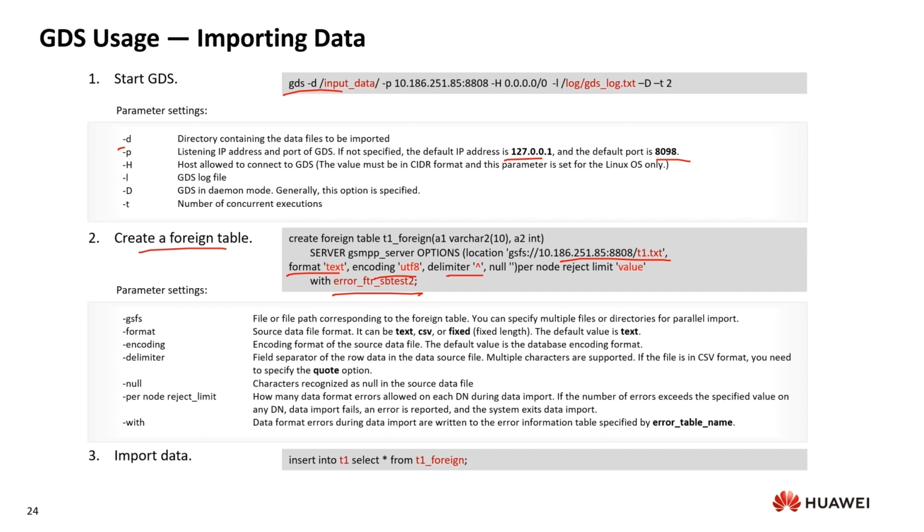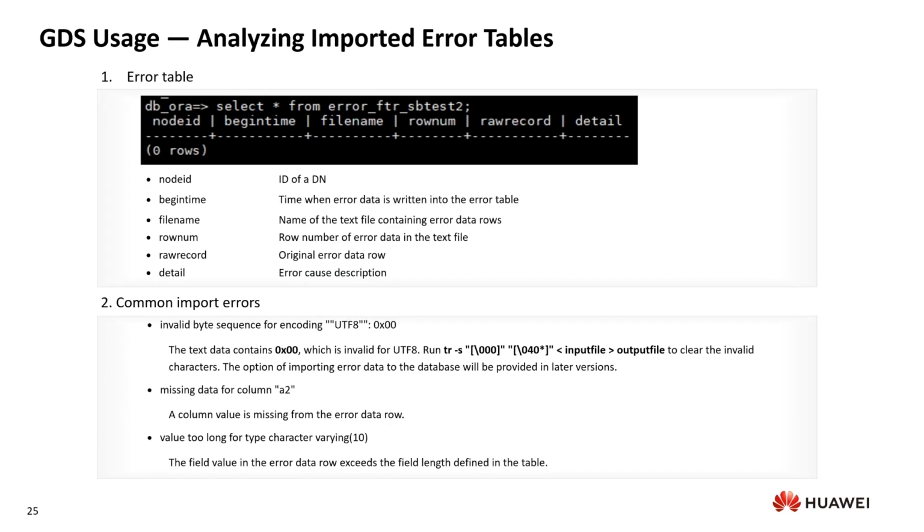To import the data from the foreign table to the table T1, we just need to run the insert select command here. Insert into table T1 and select from the foreign table. During the import, there may be some errors, which are recorded in the error table. Let's take a look at this error table.